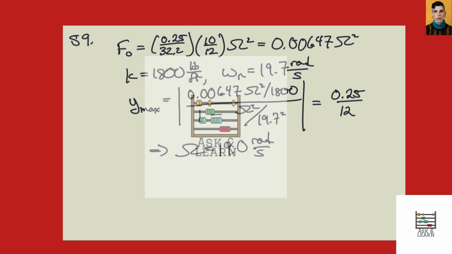Let's see here. We get 19 point, actually it's closer to 19.1.